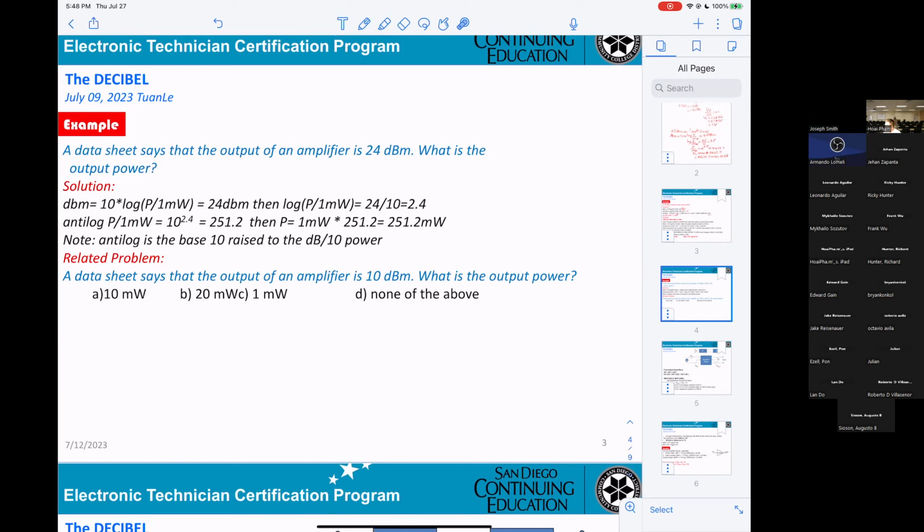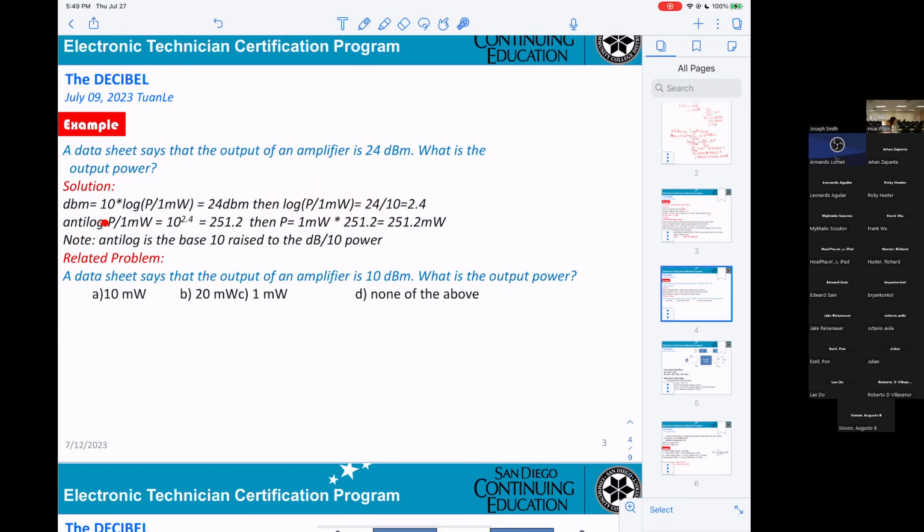Okay, see what they do. dBm equals 10 times log of P over 1 milliwatt. That is equivalent to 24 dBm. Now you want to take the log only. Log of P over 1 milliwatt equals 24 divided by 10, 2.4.